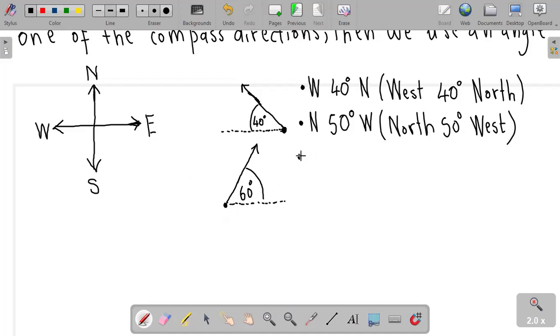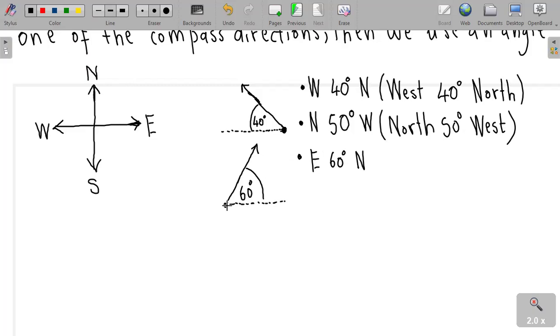We can say east and then 60 degrees north. Meaning when you start from the east, this side, then you go 60 degrees north.